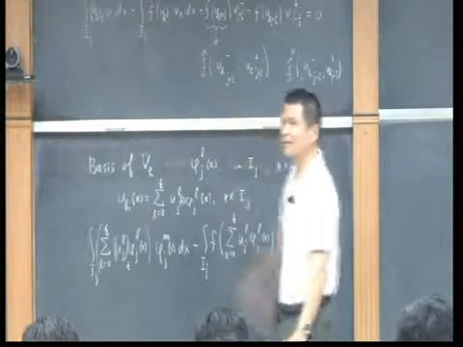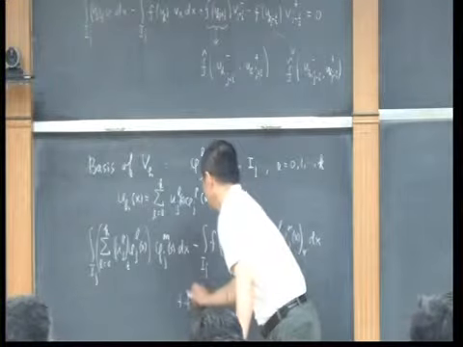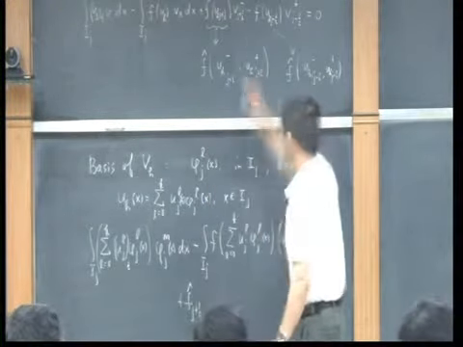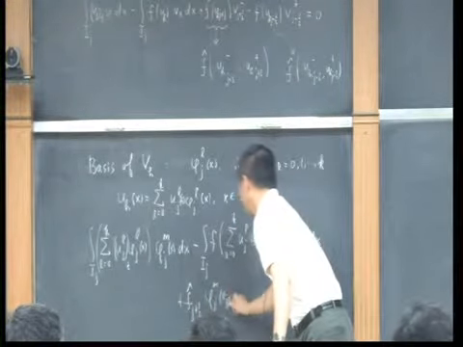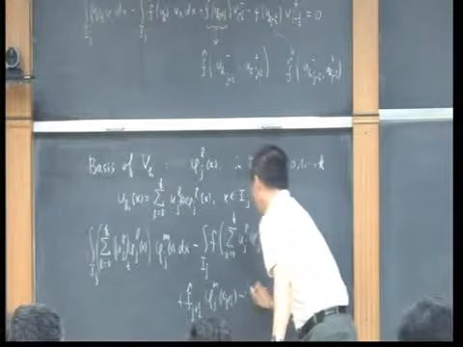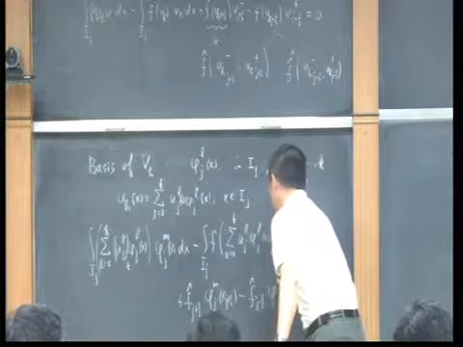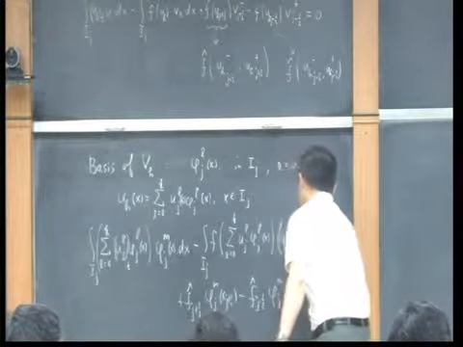So that's the second term. The third term, let me just denote it by f hat at j plus half times phi_m^j at x_{j+1/2}, minus f hat at j minus half times phi_m^j at x_{j-1/2}, equals 0.